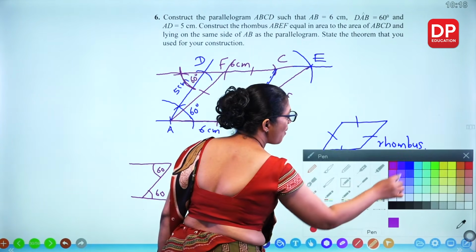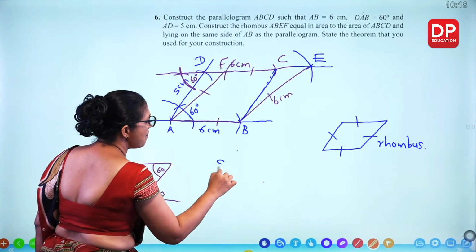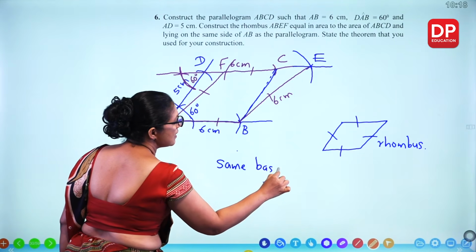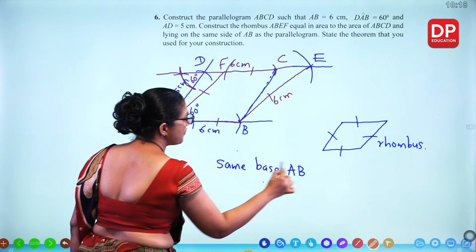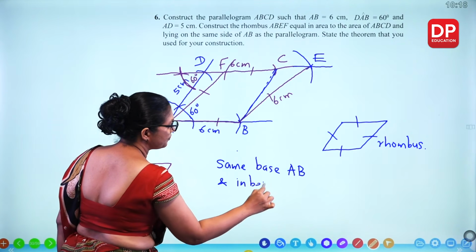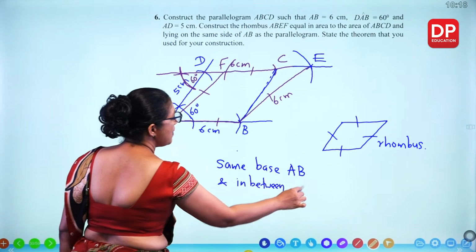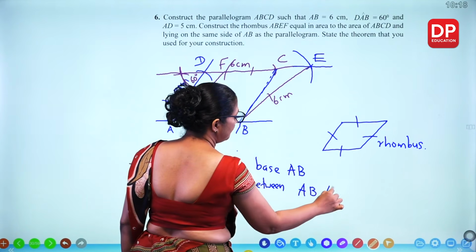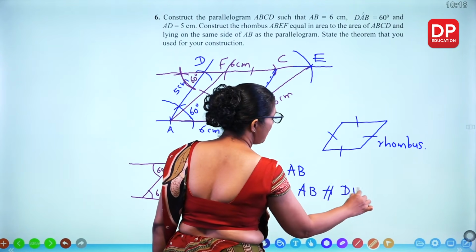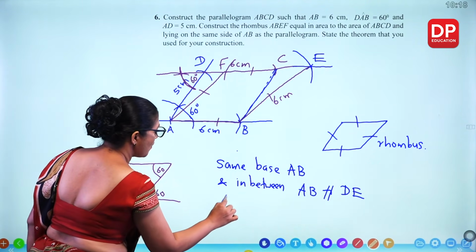We used the property that on the same base AB and in between the parallel lines AB and DE, the areas are equal.